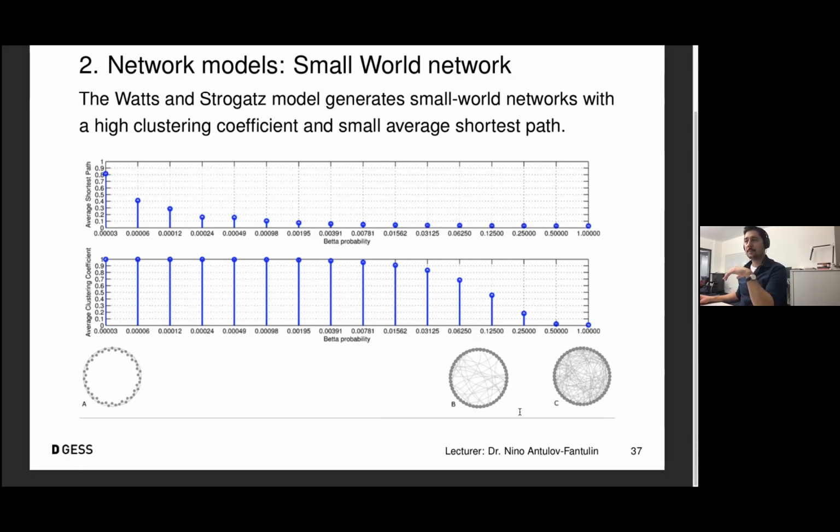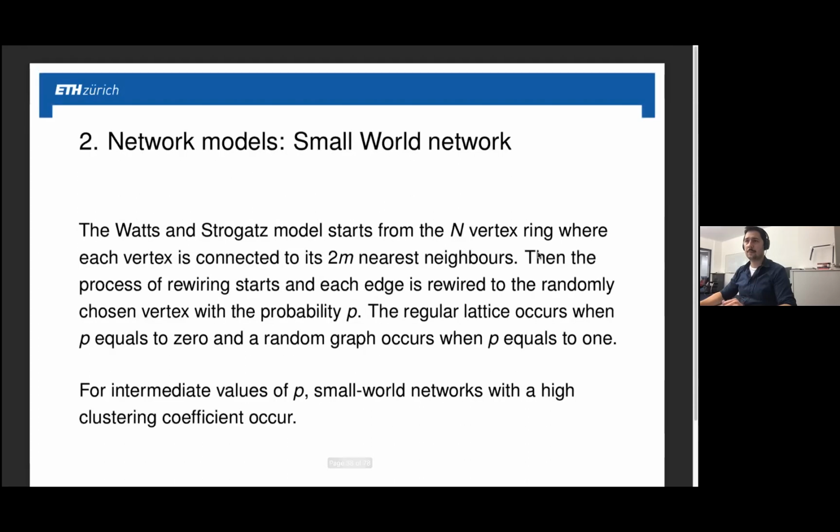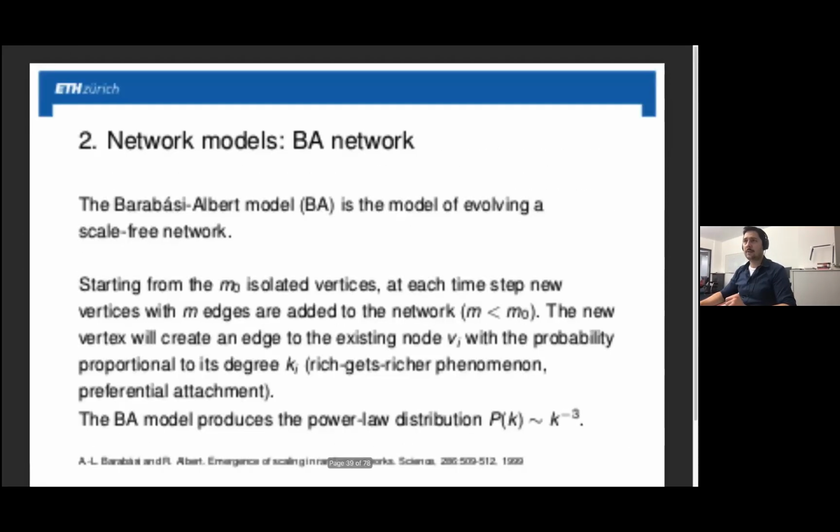Okay, and this is the class of Watts-Strogatz models, or also they are called small world networks. The generating model for this is actually written here, so you can read it later.